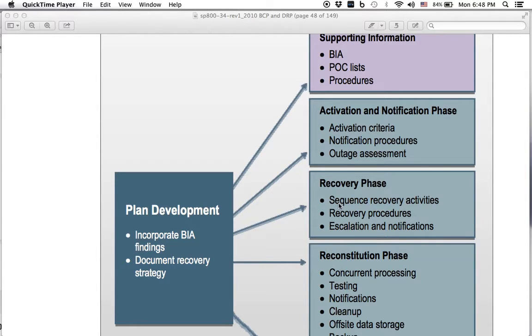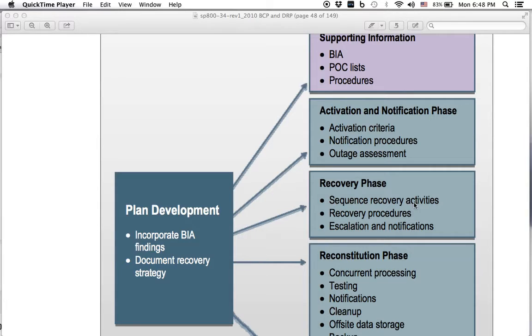So one is a sequence recovery activity. It means the micro tasking on the recovery activity from the starting point to the end point. For example, the system recovery where we need to take the manual data backup or real-time replication data backup.